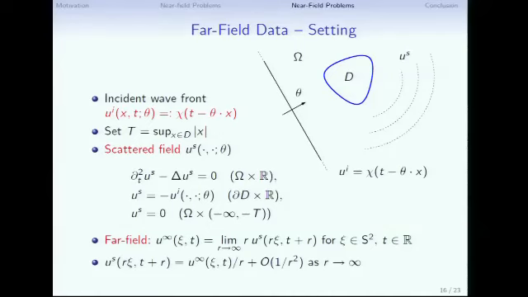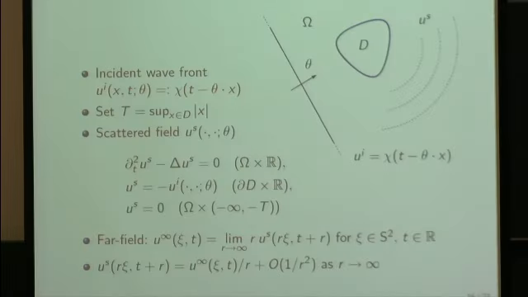Okay, so what's the method? What's the model? So we look at wave propagation using incident wave fronts, which look like that. Those illuminate the scatterer. There's a scattered field that is defined as in the near field. Now the only difference is that I look at far field data of the scattered wave, which is you look at the scattered wave on a certain ray defined by a vector psi on the unit sphere.